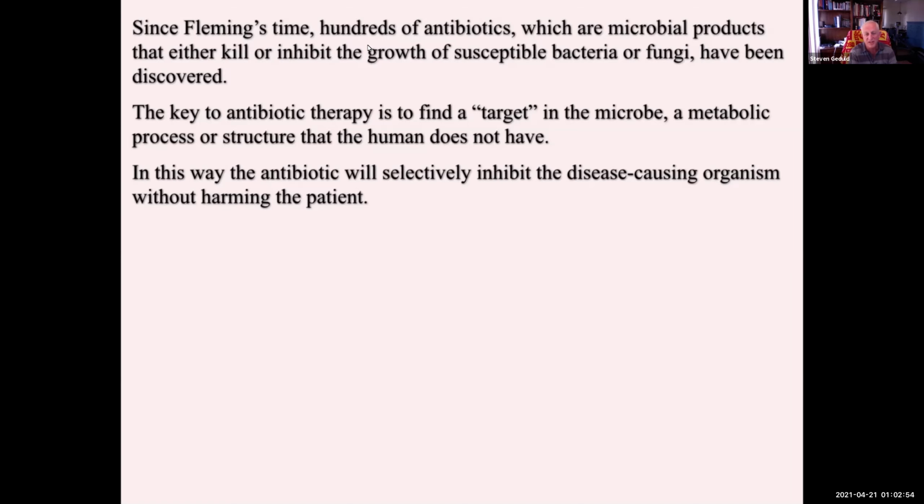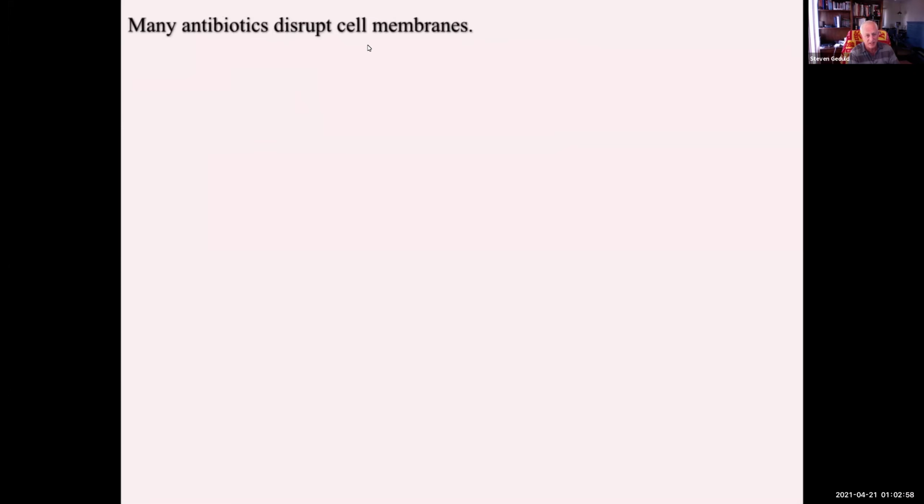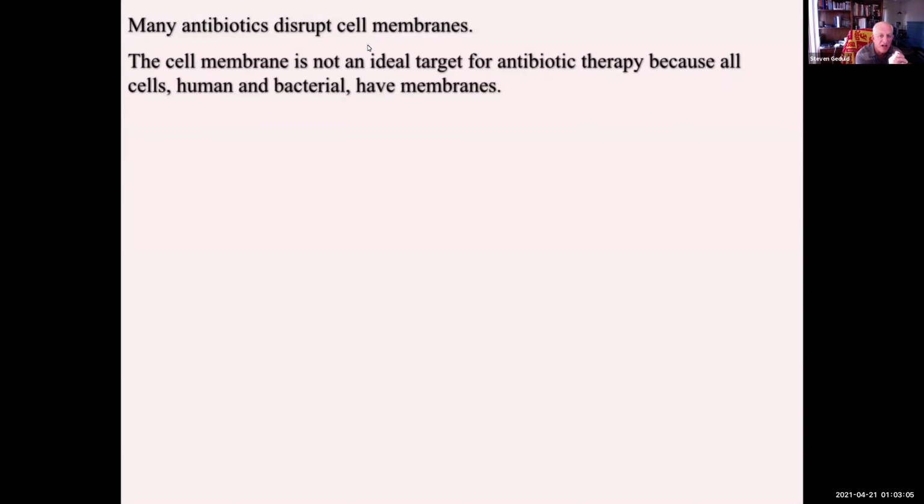But we all know everything has side effects, no matter what it is. So many antibiotics disrupt cell membranes. The cell membrane is not an ideal target for antibiotic therapy because human cells and bacterial cells both have cell membranes. So you have to be very careful. You don't want to inhibit or break apart the human cell membranes at the same time you're killing the bacteria.